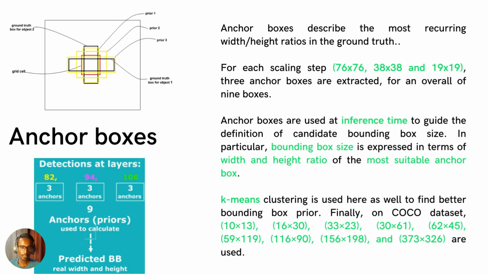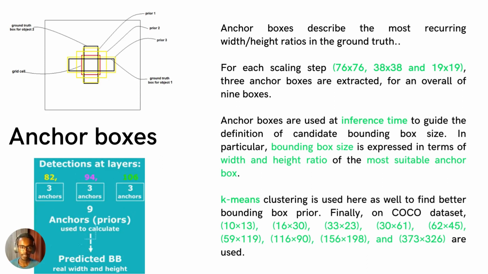Anchor boxes are used at inference time to guide the definition of the candidate's bounding box size. So we're going to use these 9 anchor boxes in order to find the right dimensions for the bounding boxes. And these are expressed in terms of the width and the height ratio of the most suitable anchor box.